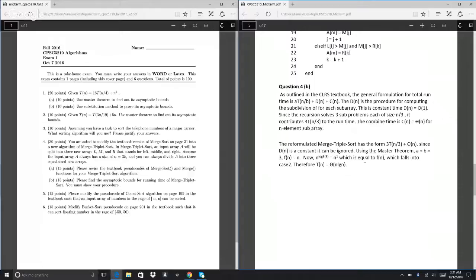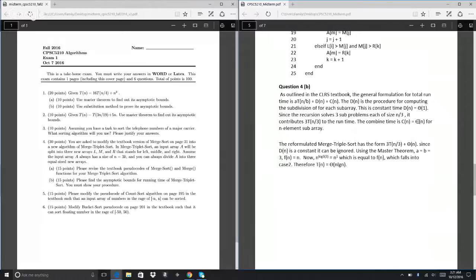And since the recursion solves 3 subproblems, each of size n divided by 3, it contributes 3T of n divided by 3 to the runtime. The combine time is C of n equal to theta n for an n element subarray. So this follows the standard procedure, just like when it was divided by 2, now it's divided by 3.